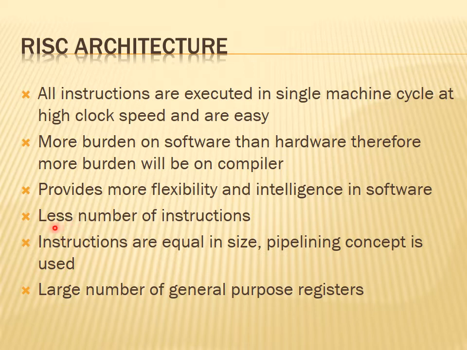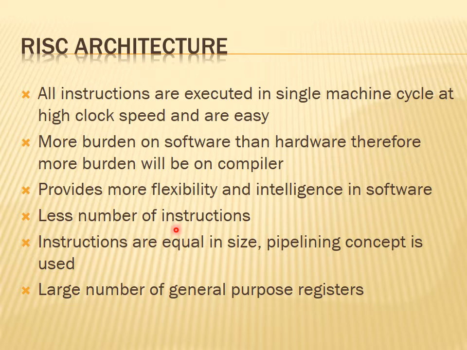A very important property of the RISC architecture is that there is a very limited number of instructions. For example, in the PIC series, hardly 32 instructions are there. As the number of instructions is very small, a single instruction performs multiple operations.